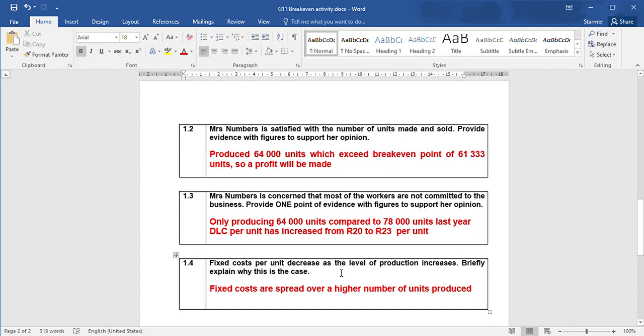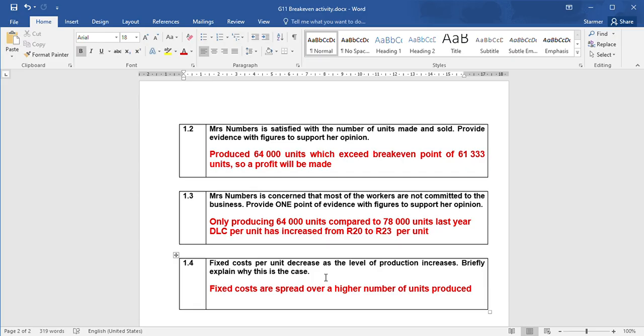And then the last question: fixed cost per unit decrease as the level of production increases. Briefly explain why this is the case. Remember, fixed costs don't change irrespective of the number of units that you make. So if you are making 2 units and your fixed costs are 100 Rand, your fixed cost per unit would be 100 divided by 2, which is 50.